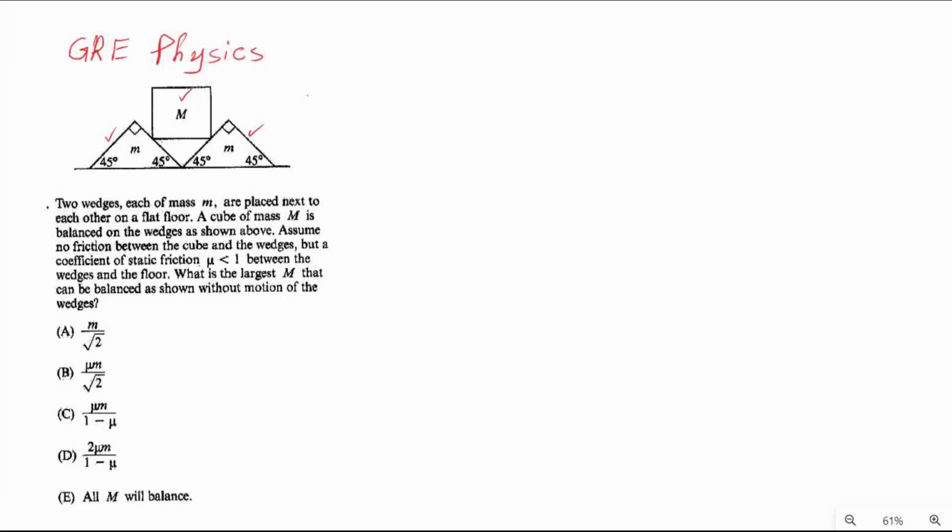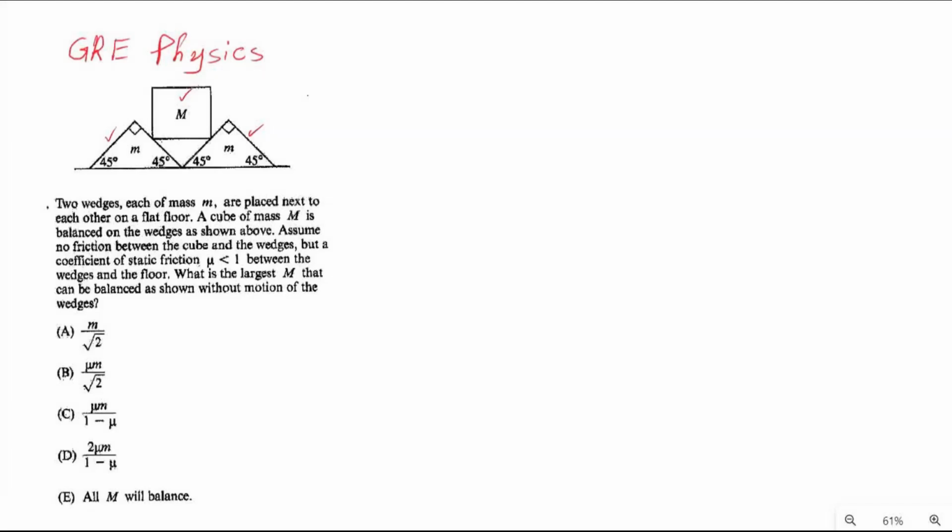Now guys, the first thing to note here in this problem is this. According to the symmetry of the problem, the two wedges shown here are pushed sideways equally, with forces of the same magnitudes that are provided by the weight of the block.